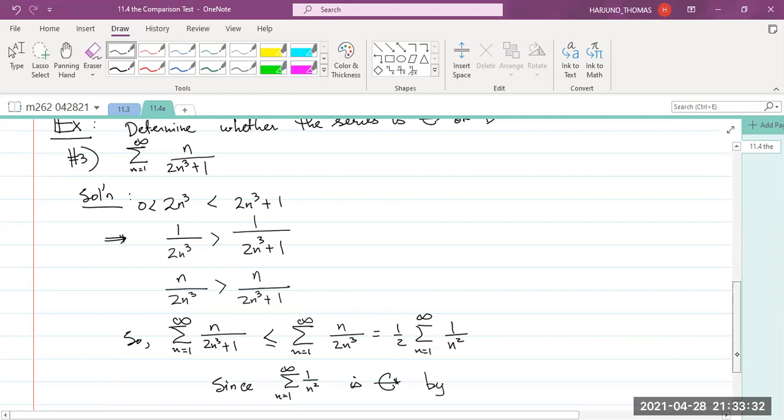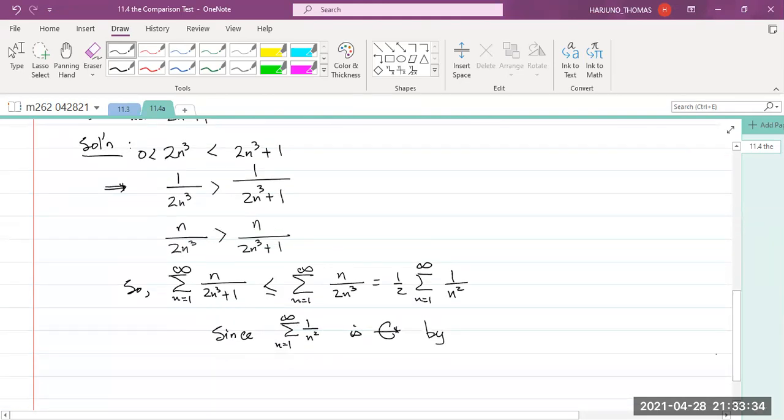You need to give the argument why that is convergent. Don't just say, oh, it's convergent. Why? It's convergent by p-series, p equals 2, right? Then, by comparison test, the series n over 2n cubed plus 1 is convergent.